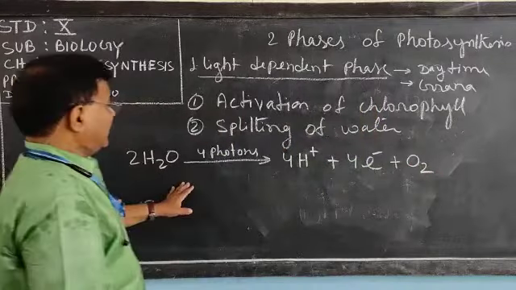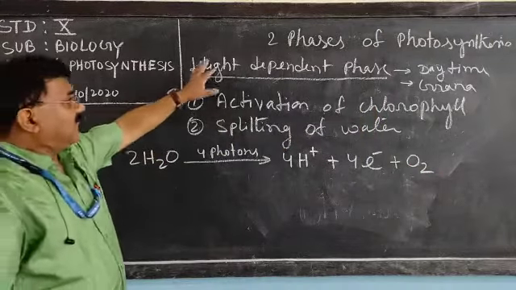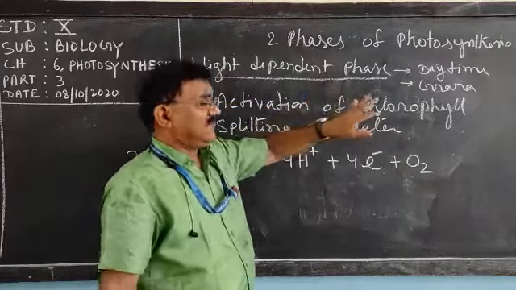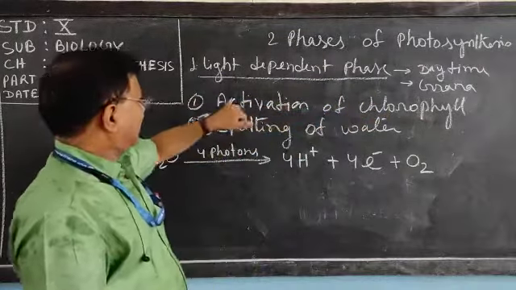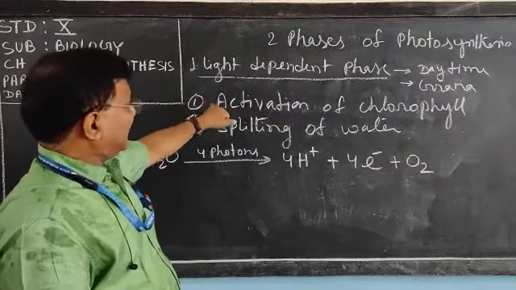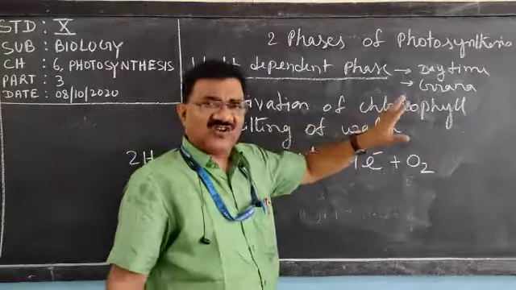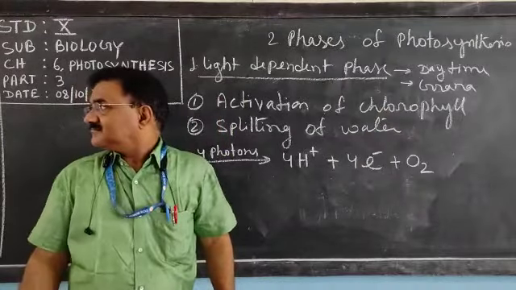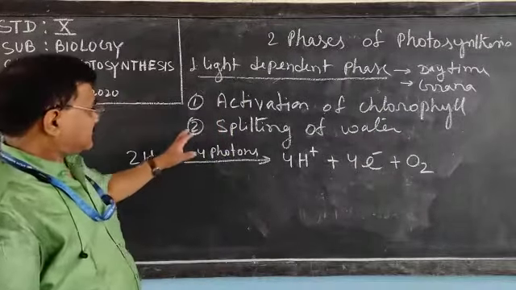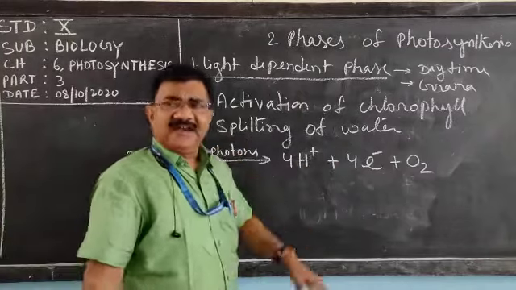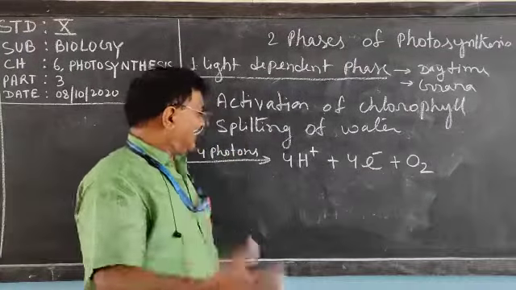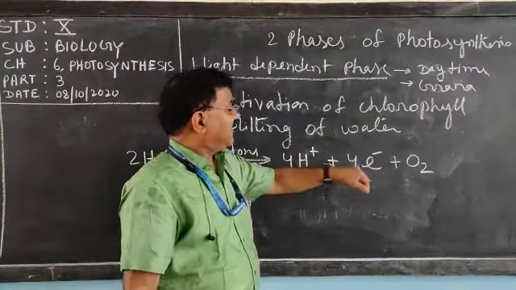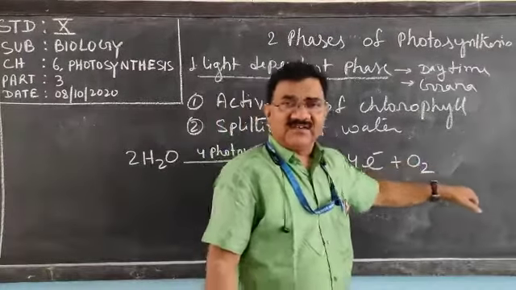So try to understand it. The first phase is the light dependent phase, which occurs during daytime and takes place in the grana. The first step in it is the activation of chlorophyll, because light is made up of photons, and the second step is the splitting of water, where water is broken into hydrogen ion, electron and oxygen.